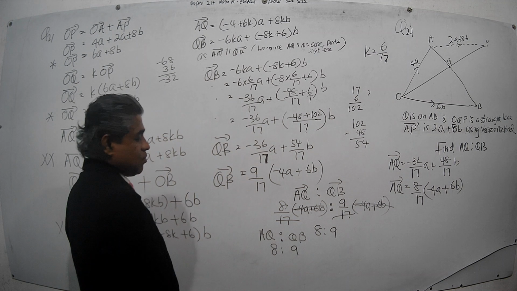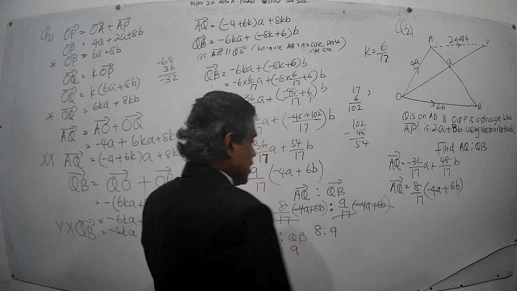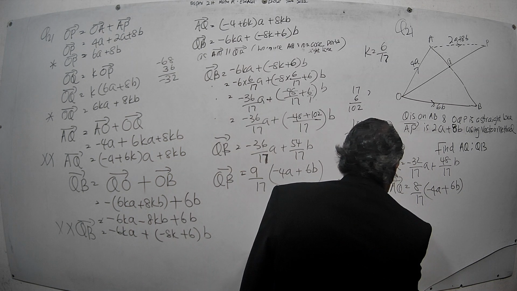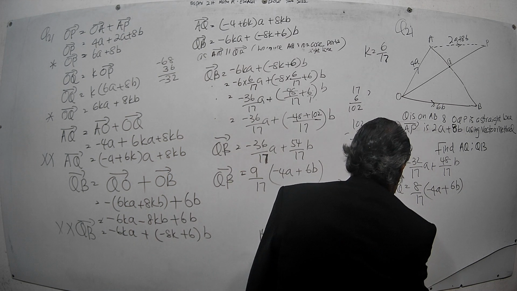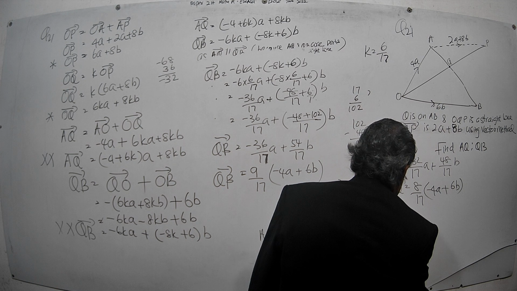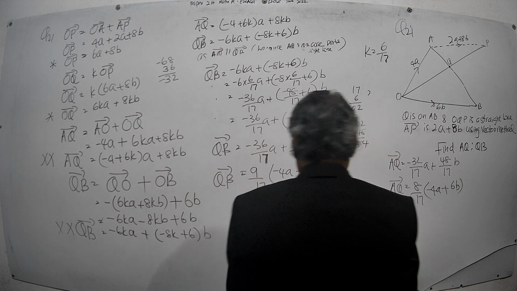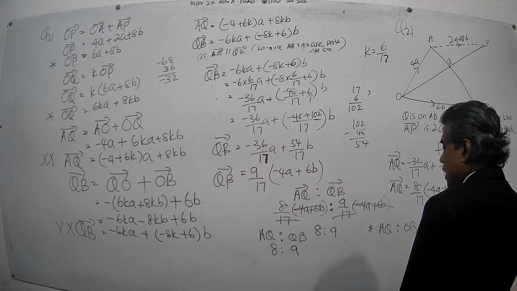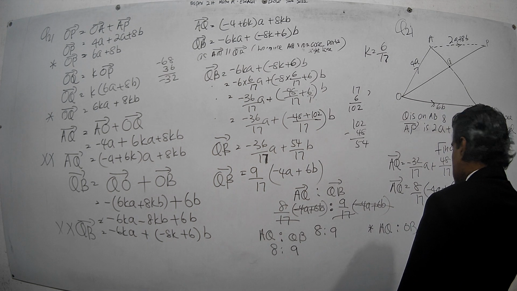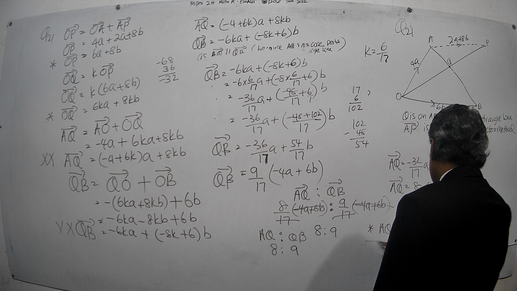This is the answer. Then we can write it like this: vector AQ is to QB equals 8 is to 9. So this is the answer.